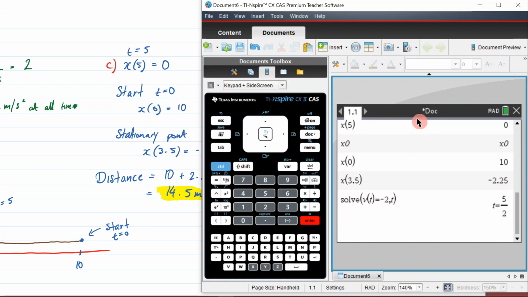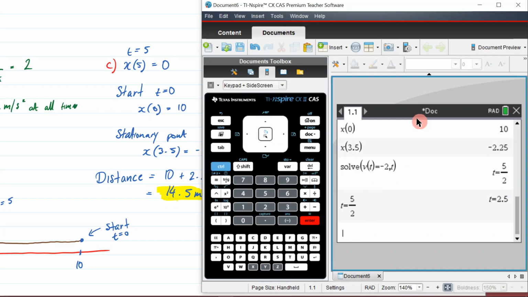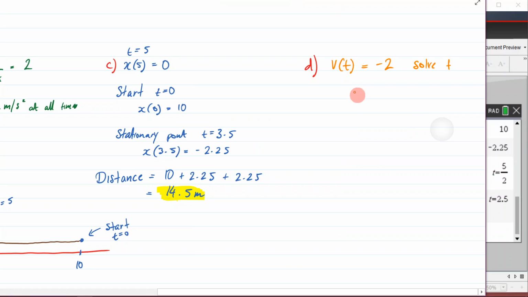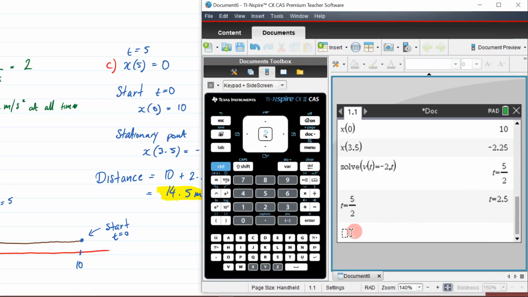It's going to be 5.5 on 2, which is 2.75. So that means t is equal to 2.5. But remember, it also said it wants the position at which this occurs. So I'm going to have to now say, well, what is x of 2.5 to find the position for which my velocity is negative 2? There are so many words to say.